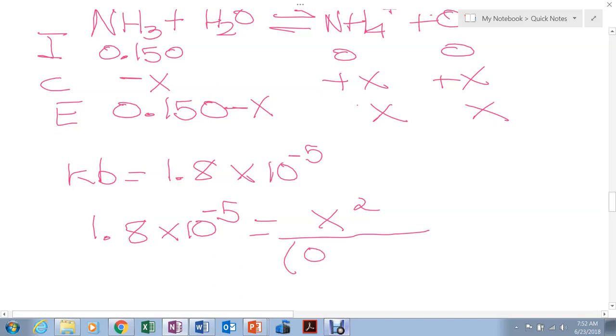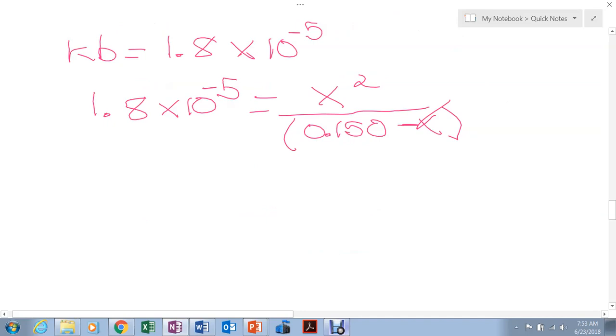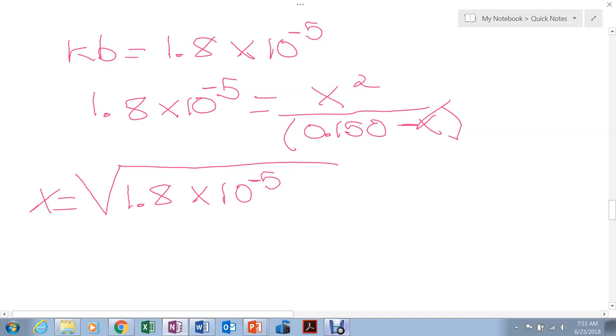And it's 0.150 minus X. Again, we can drop this X, since it is a smaller one. So X would be the square root of 1.8 times 10 to the negative 5 multiplied by 0.150.